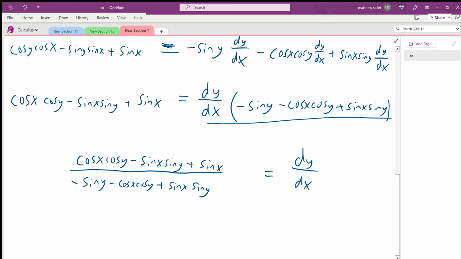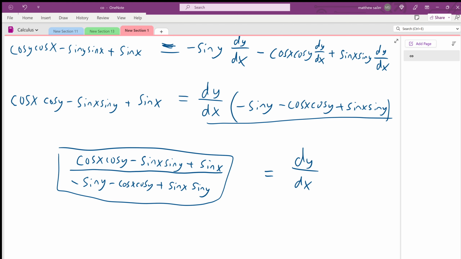Alright, so we have done the second step, and this is technically correct, but like I said before, this is kind of a monstrosity. It is equal to dy dx, but we can do some things to clean this up.